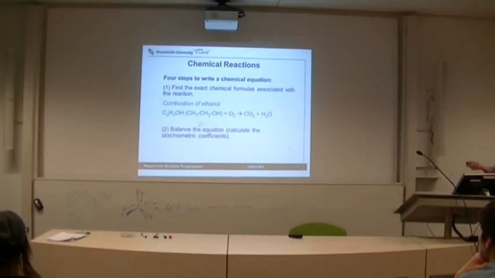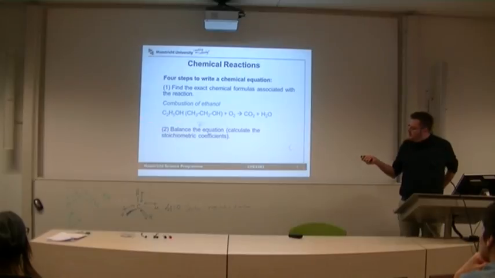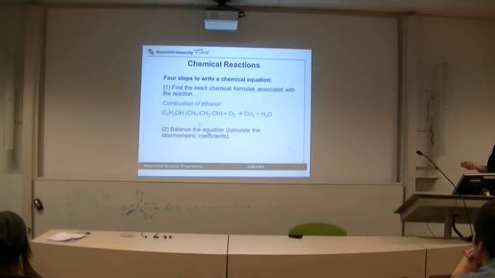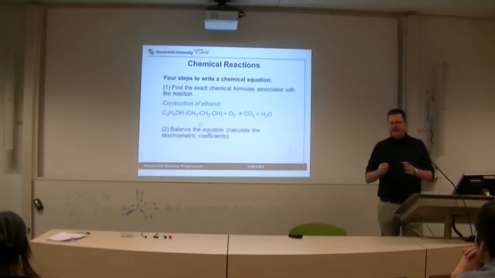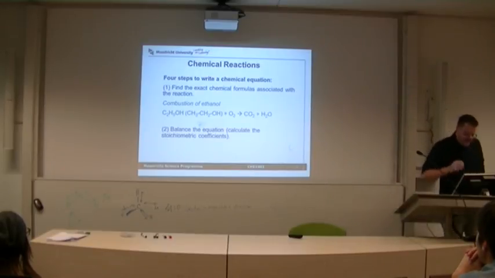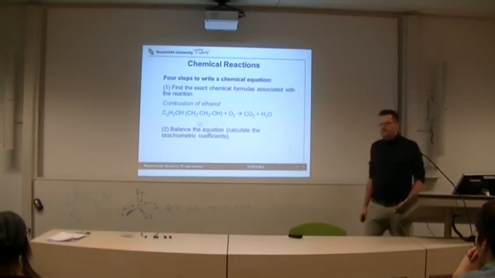Now, what we've done is we've taken a process and we've translated it into the language of chemistry, which is chemical formulae. The thing is, we have to balance these reactions because atoms aren't just created out of nothing, right? It has to be balanced. What we have on the left, we have to have on the right. And typically how we balance these reactions is by inspection. What does that mean? By inspection.